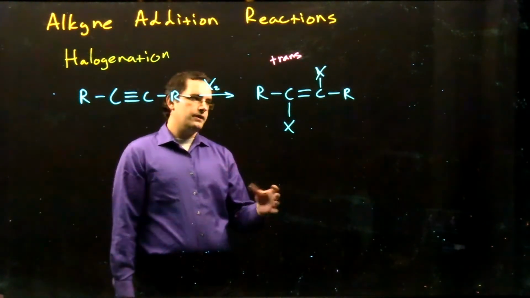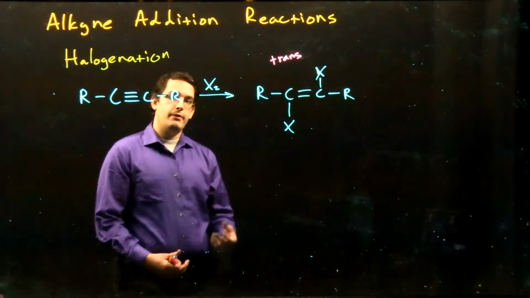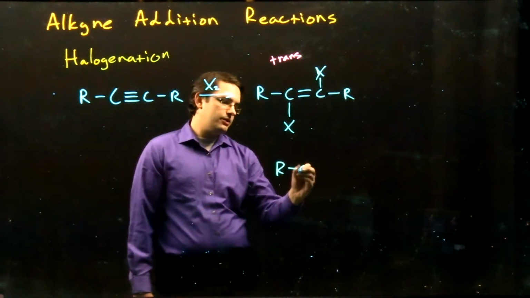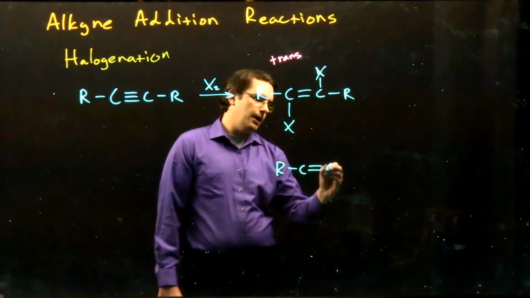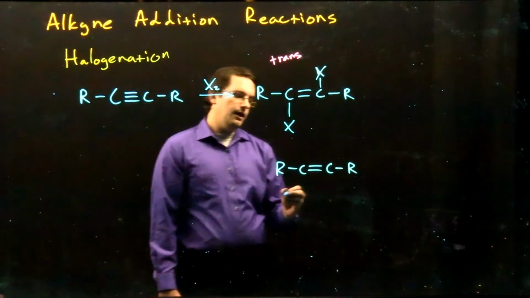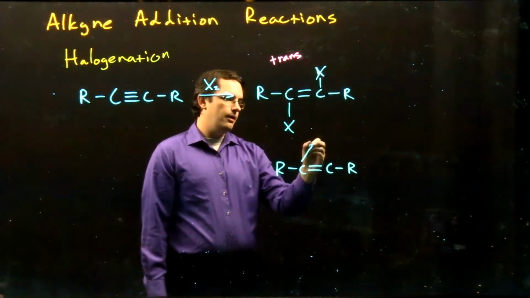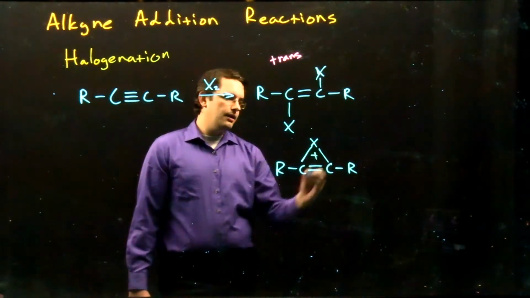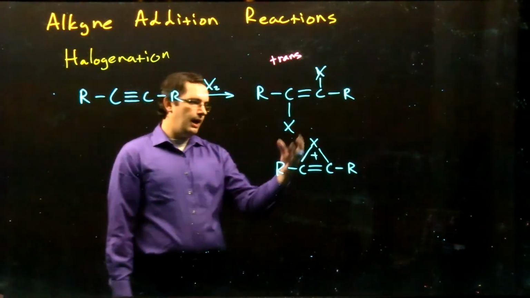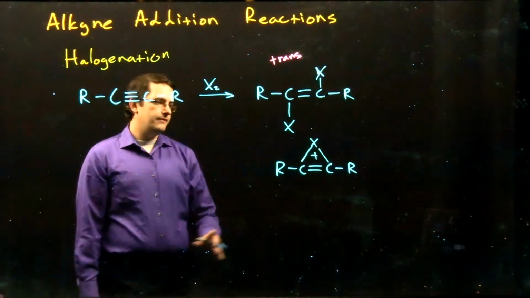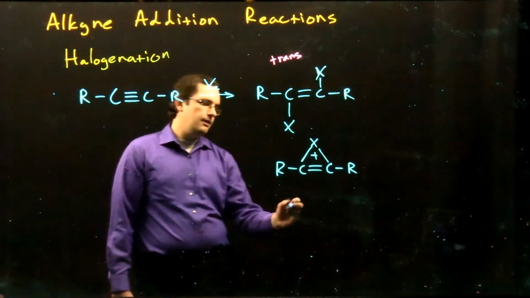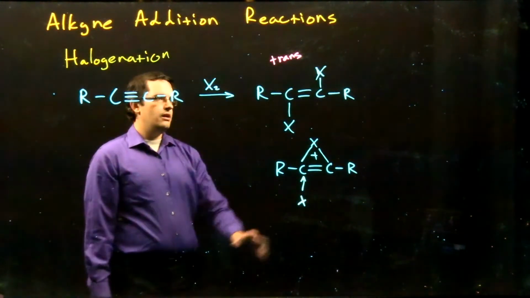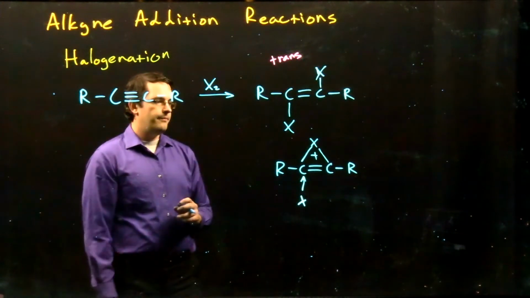This trans product suggests that this might be an anti-addition where they're getting added on opposite sides. So that implies that we might actually have a halonium ion intermediate, kind of like the halonium ion intermediate that we had for our halogenation of alkenes, where we have some kind of our single halogen adding on and creating some positively charged cyclic structure perhaps, and then our second halogen attacking on the opposite side to create our anti-addition product.